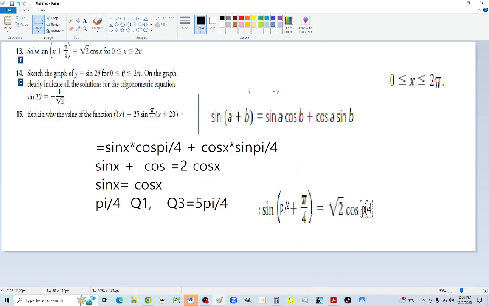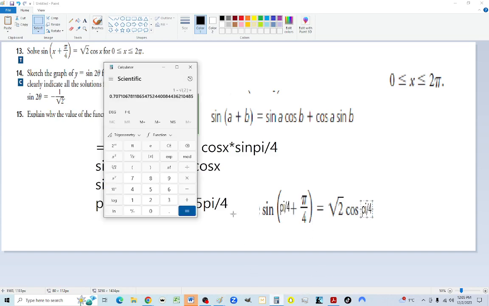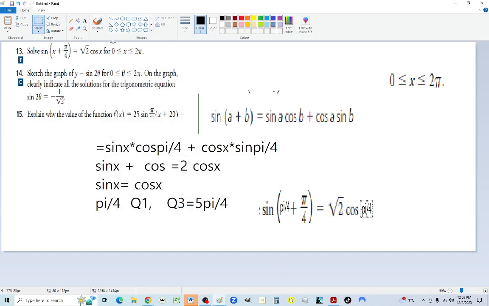What's pi over 4 plus pi over 4? It's pi over 2, which is 90 degrees. What's the sine of 90 degrees? 1. What's the cos of pi over 4? It's 1 over square root of 2. Square root of 2 times that, they cancel, 1. 1 is equal to 1. So that's true.